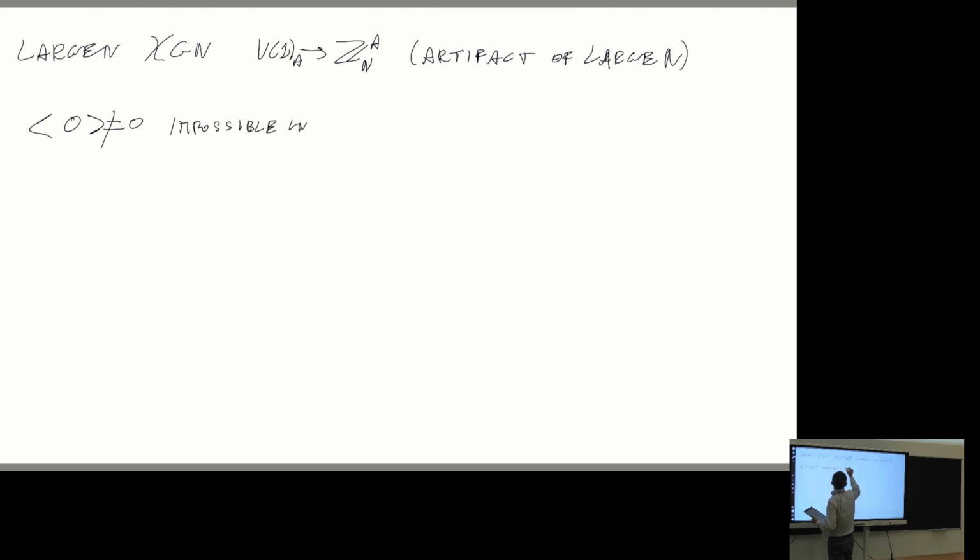So let me quickly remind you what the effect is. How do we see that large n actually makes a difference?